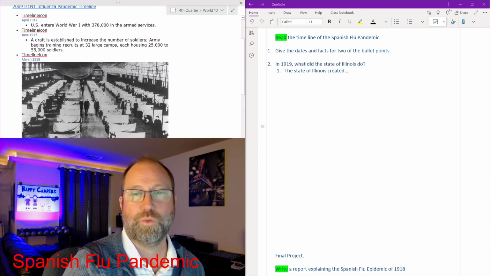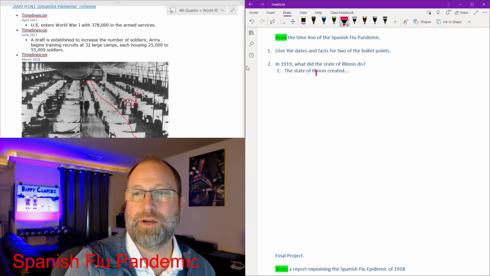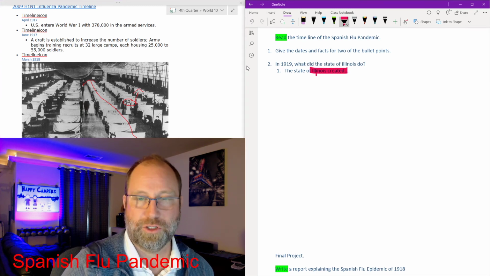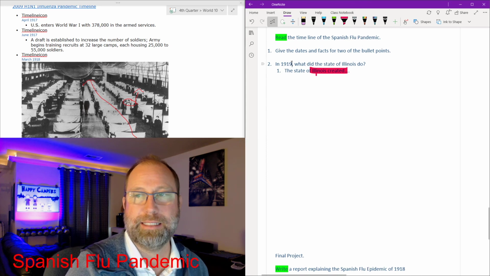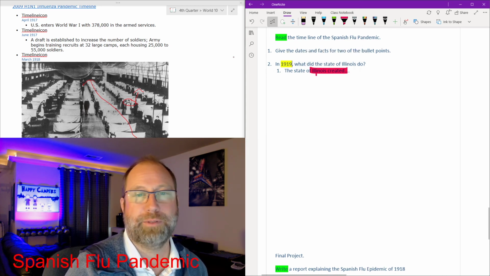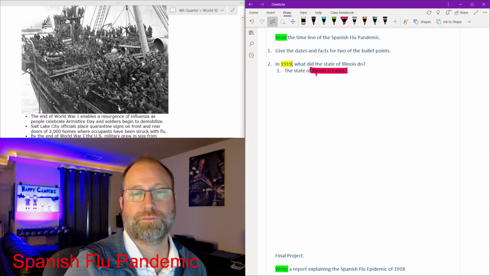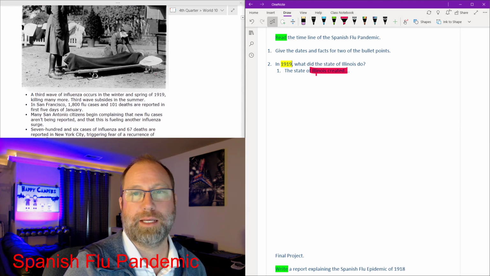This nurse here is in a room with all these sick people, so the chances of her getting sick go way, way up, right? So the state of Illinois wanted to find a way to help out with that shortage of nurses. Going in and finding the date 1919, you should be able to figure out what they did, which is way on the bottom of the timeline.